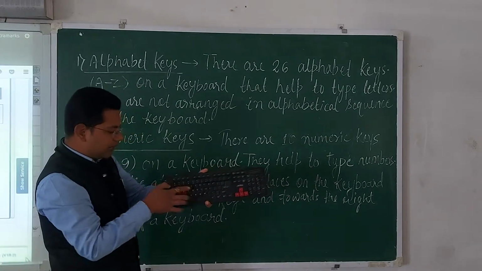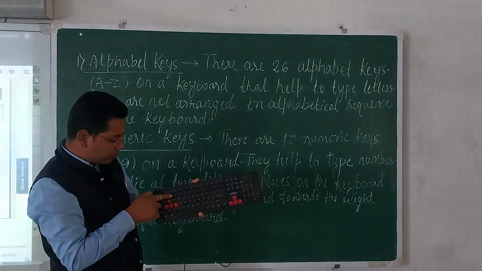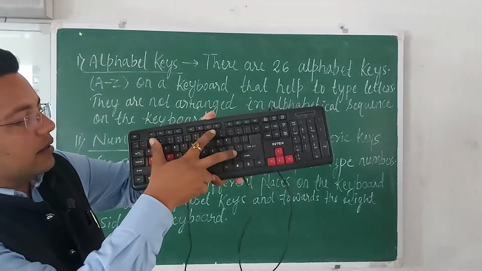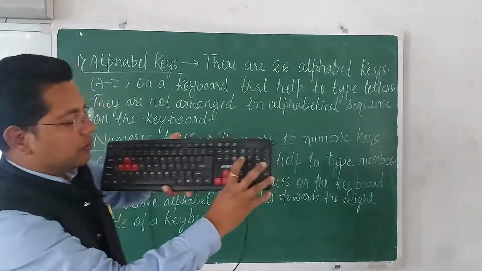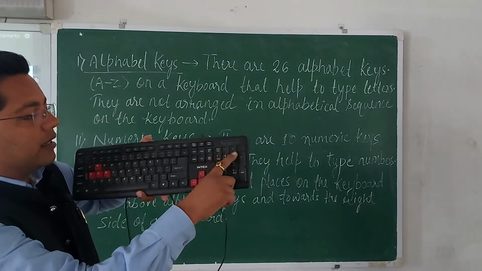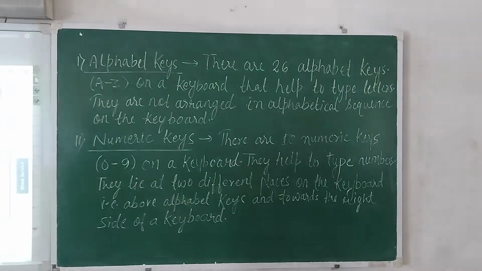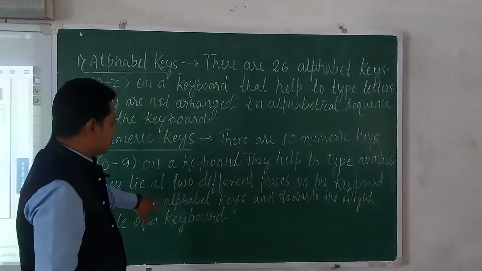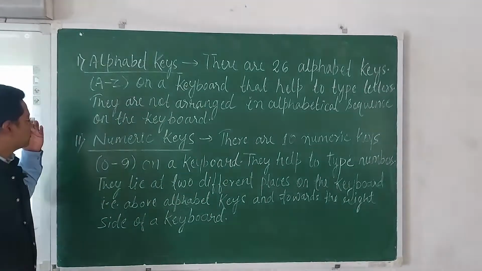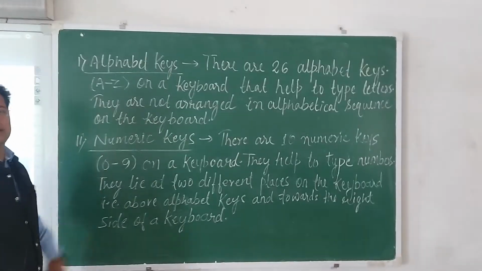These are alphabet keys, and see, just above the numeric keys are present, that is 1, 2, 3, 4, 5, 6, 7, 8, 9 and 0. And here also you can see 0, 1, 2, 3, 4, 5, 6, 7, 8, 9. And by this you can put decimals also. Okay. So on this numeric key, there are two different sets of numeric keys which are present on the keyboard. So you just do one thing. First you take the screenshot of this.